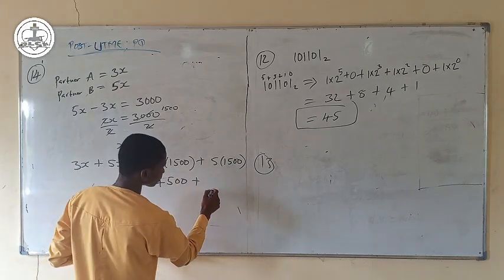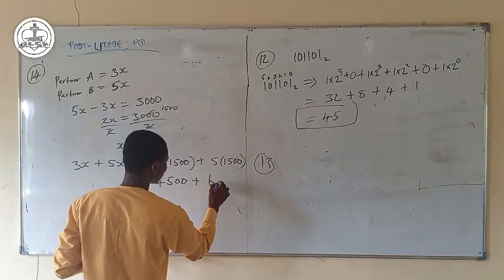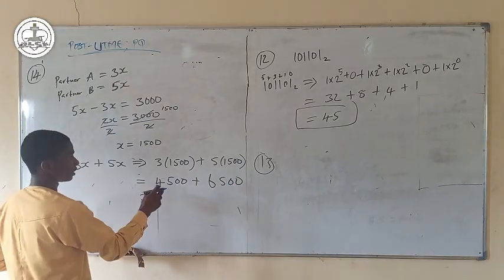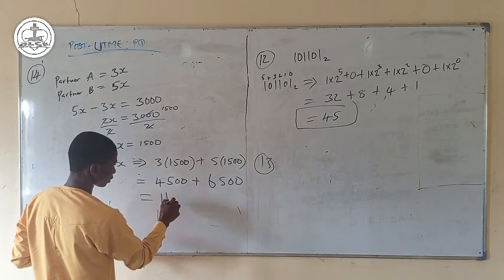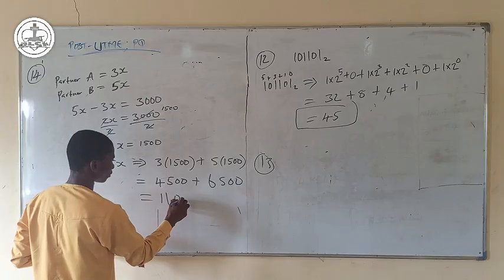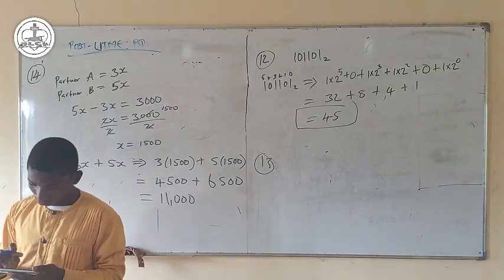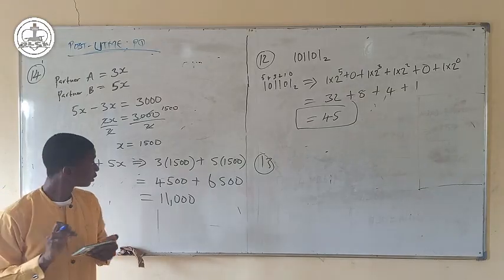This is going to be 6,500. And if we sum it, what are we going to have? We have 11,000 here. That's their total.